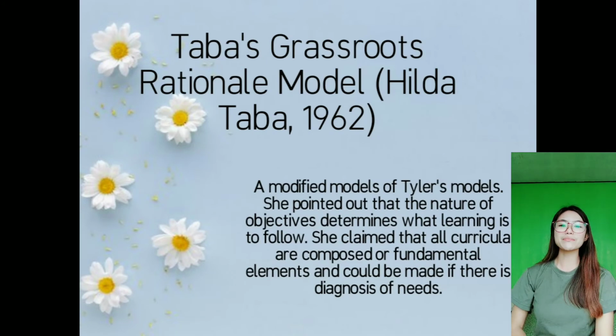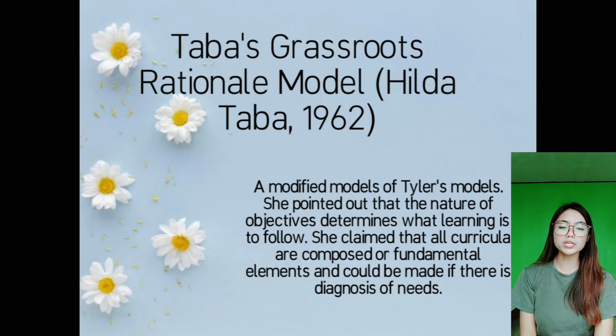Next is Taba's Crossroads Rational Model, by Hilda Taba in 1962, a modification of Tyler's model. She pointed out that the nature of objectives determines what learning is to follow. She claimed that all curricula are composed of fundamental elements and could be made if there is a diagnosis of needs.